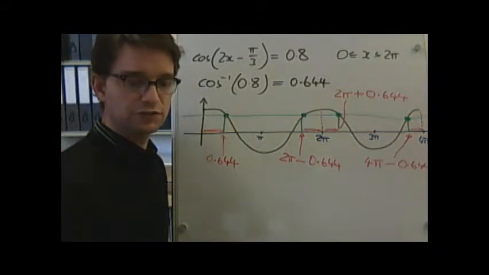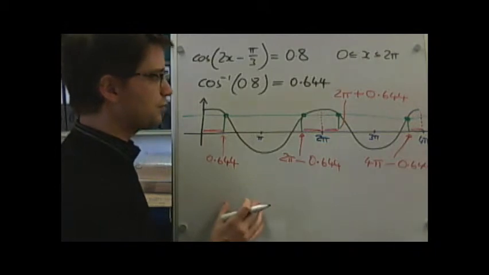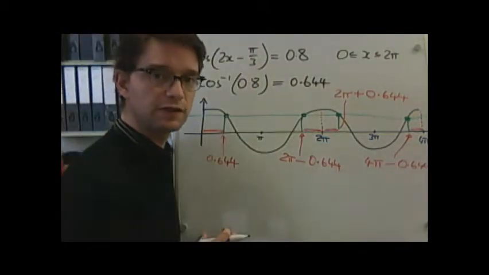So it's the same sort of symmetry ideas that we've used before over and over again. But this time we're finding possible values of 2x minus pi by 3.